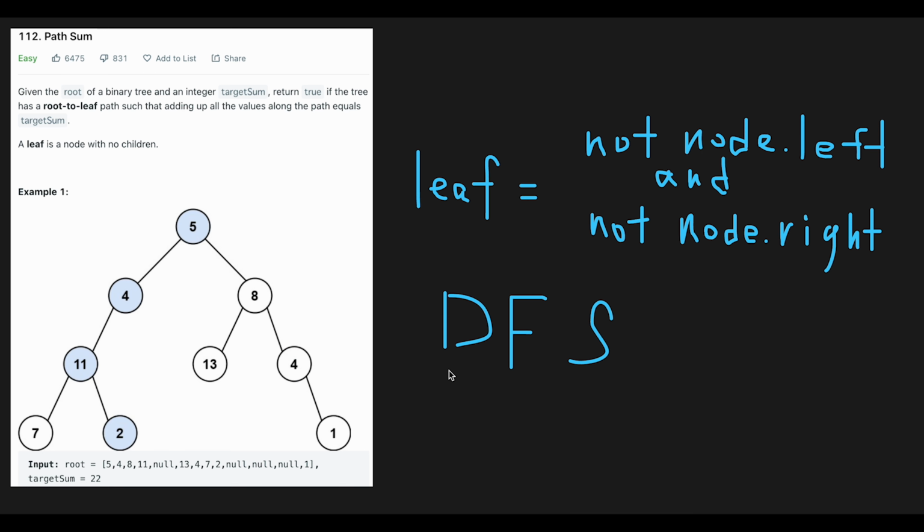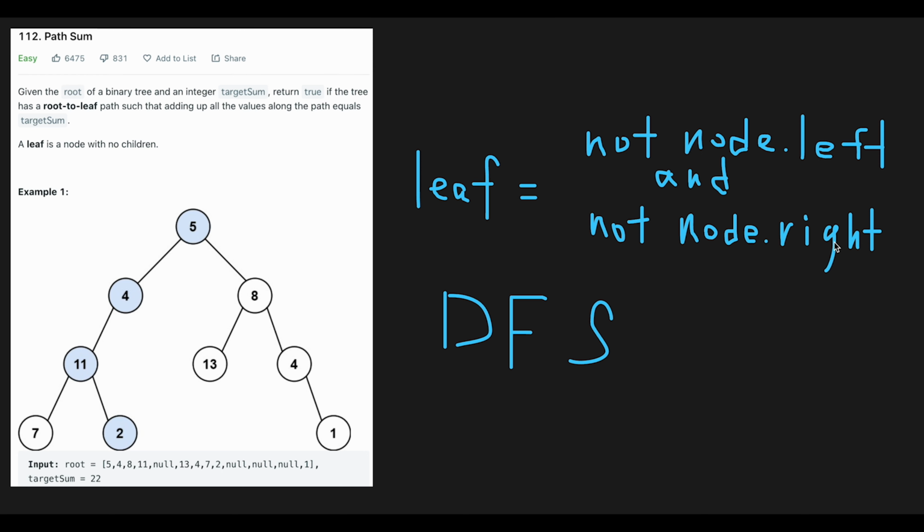To solve this question, we traverse the tree with a depth first search. We go down one direction until we find a leaf node, like go left, go left, go left. And when I reach 7, there's no path, so we go back to the previous node, 11, and then go down the different direction, which is right. The definition of a leaf node is that the current node doesn't have a left node and doesn't have a right node.